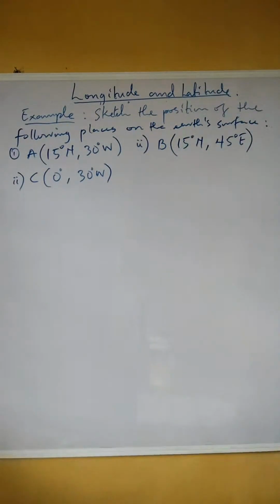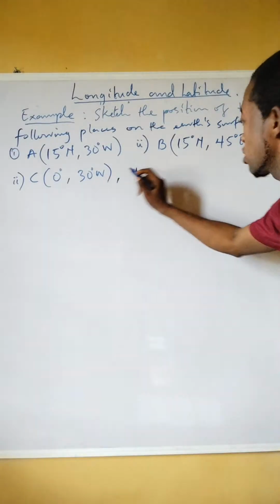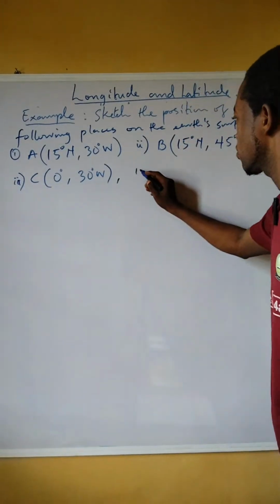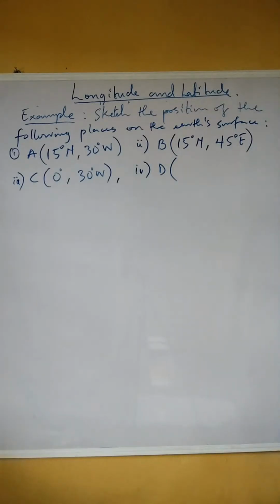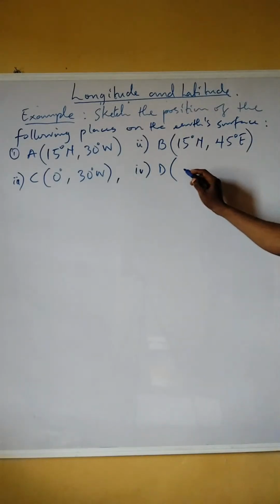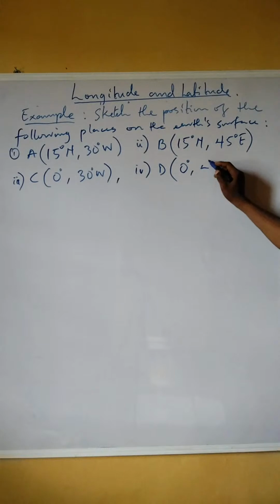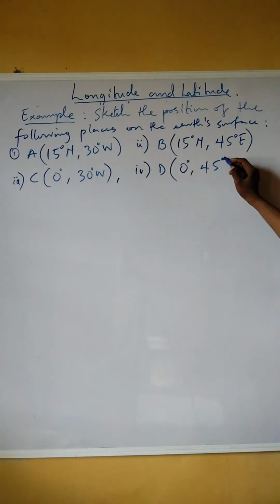Then number 4, point D, and that is given as 0 degree, 45 degree east.